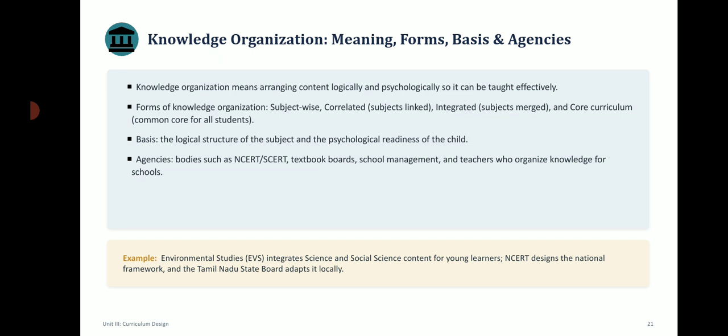So, role of NCERT in organization of knowledge. NCERT is the National Council of Educational Research and Training, an autonomous body set up by the Government of India. The Union Education Minister is its president. There will be a director to coordinate, control and administer.